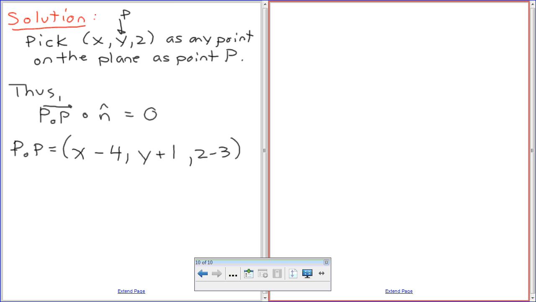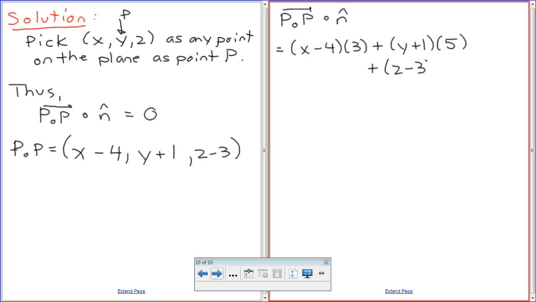Okay, so when I do P0P dot n, go ahead please. x minus 4 minus 3. Okay, good. Keep going. Plus 3 minus 3 minus 3. And that should equal 0. That's right, go to 2 lines there because this is calculus.